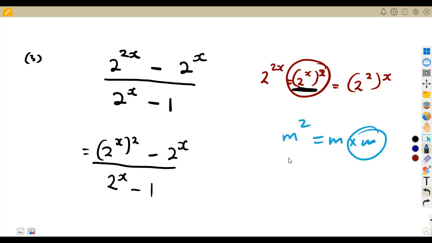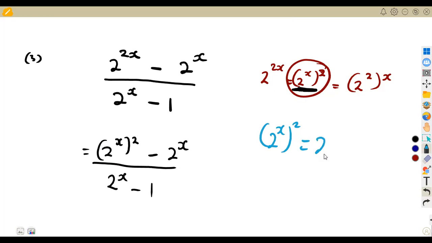So this 2 to the exponent of x squared that we see is the same thing as 2 to the exponent of x times 2 to the exponent of x. Is it? Okay, let's prove. If the bases are the same, what do we do? We add the exponents because we are multiplying. So we're going to add x plus x. What is x plus x? X plus x is 2x. So this is 2 to the exponent of 2x. So it's the same thing.